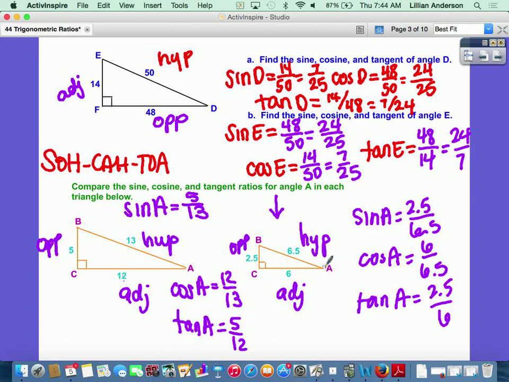Because think about it, 5 divided by 13 is 0.3846. Well, 2.5 divided by 6.5 is the exact same. So you should have noticed that these triangles were similar by side similarity, which meant that their angles were congruent.